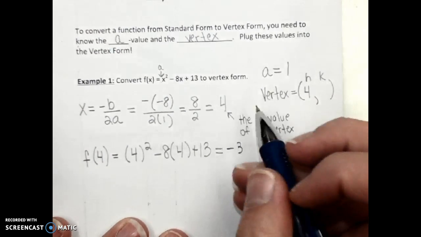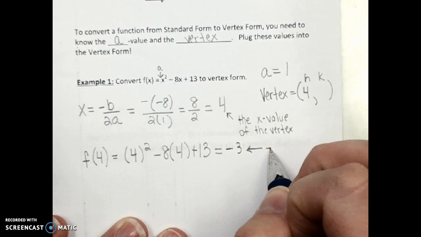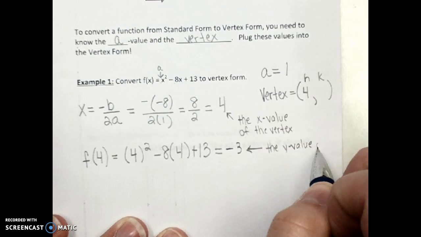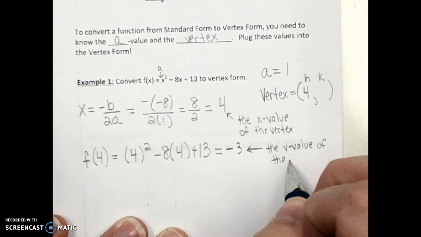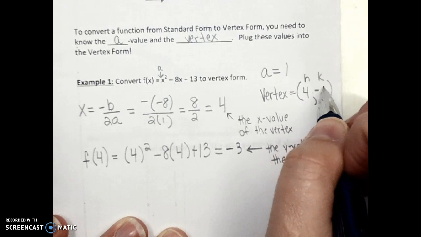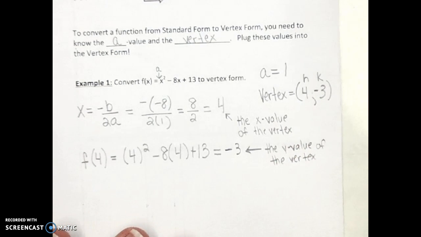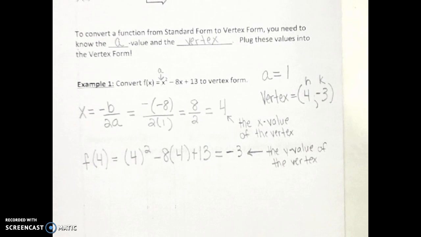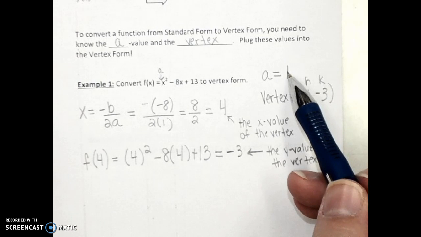So let's write that down. This is the y value of the vertex. So I'm going to write that in my ordered pair, negative 3. In my instructions, I said to convert from standard form to vertex form, you need a, and you need the vertex.